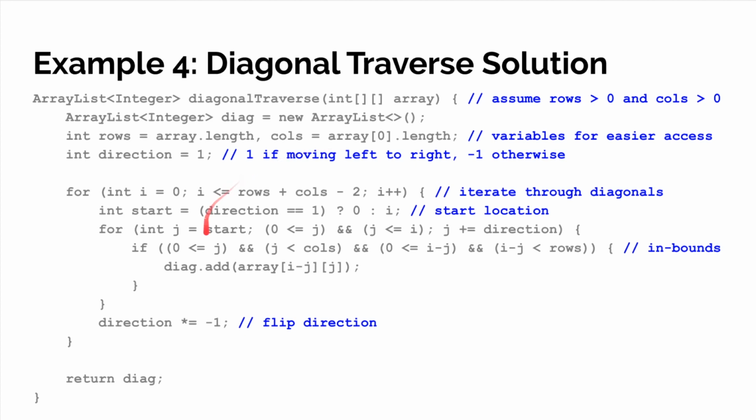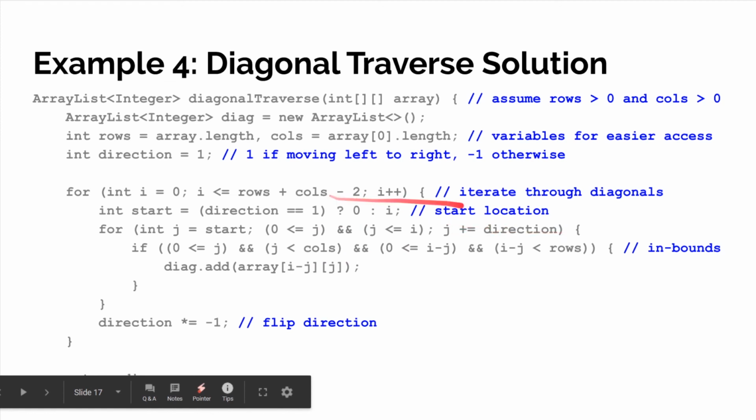Then we go from the start value, wherever we start, and go until we lose our bounds, right? So either we go past the last column, or our column number goes below 0, and we add a direction, right? So if we're going up and to the right, we add 1.